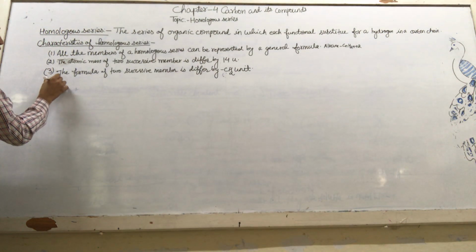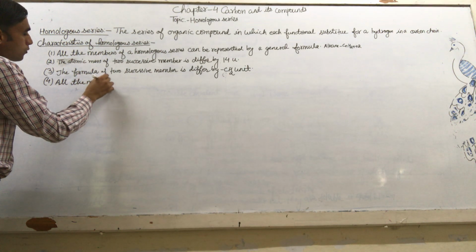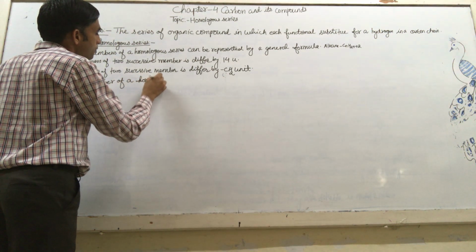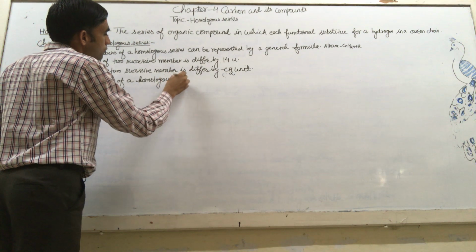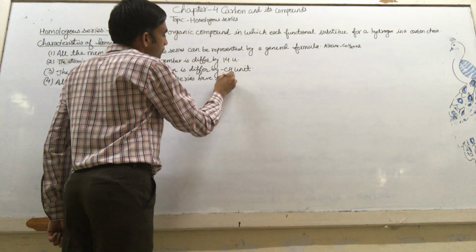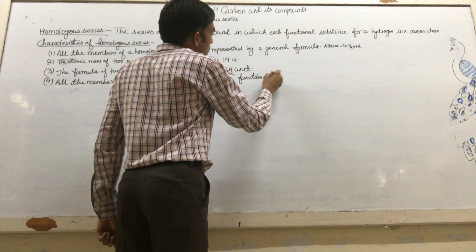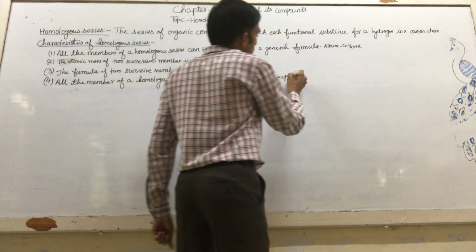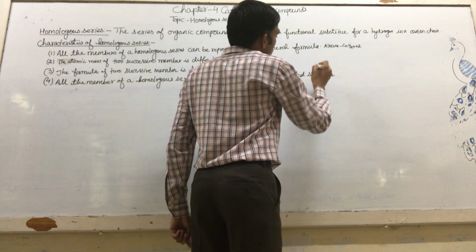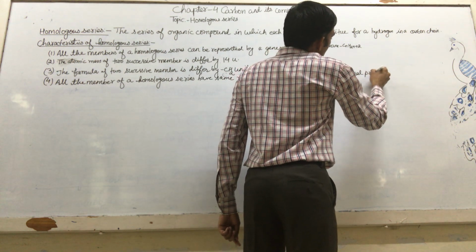Next, all the members of a homologous series have the same functional group and similar chemical properties.